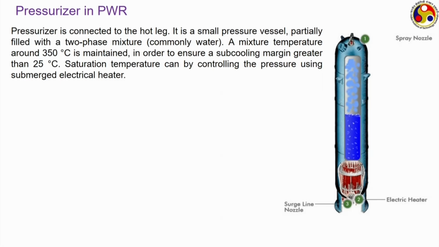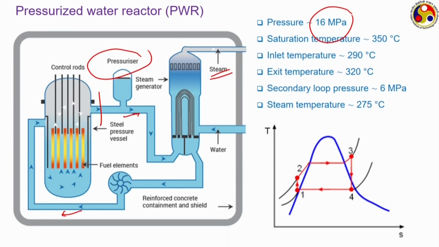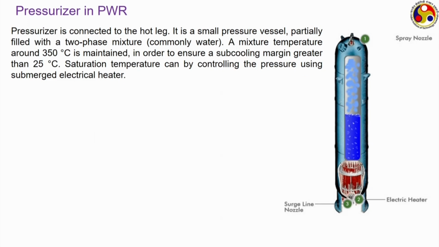And therefore, by maintaining a certain temperature inside this, like 350 degrees Celsius, we can maintain a pressure of the order of 16 MPa inside this reactor. The saturation temperature also can be controlled by varying the pressure, and therefore, we can maintain a fixed pressure and temperature inside the pressurizer.